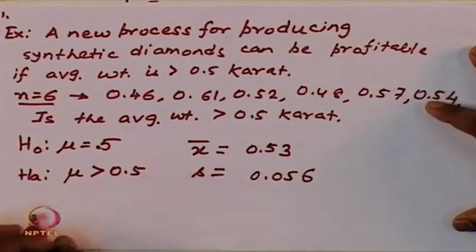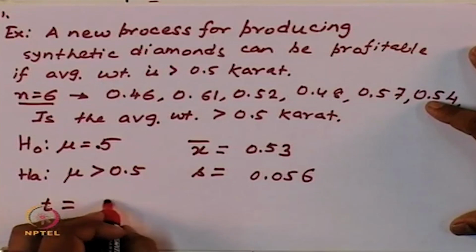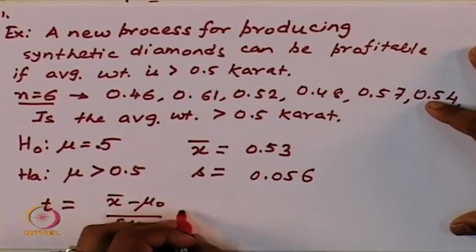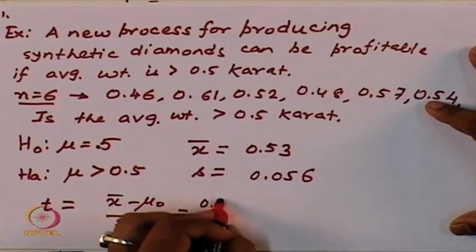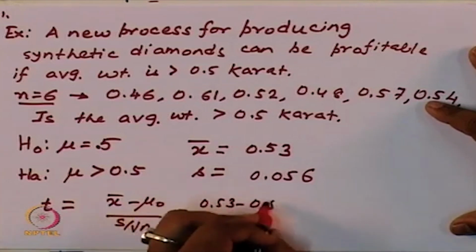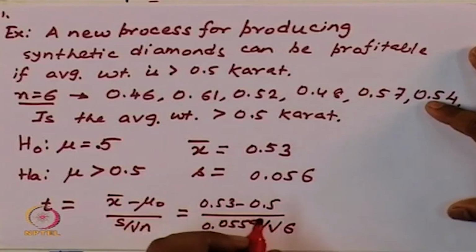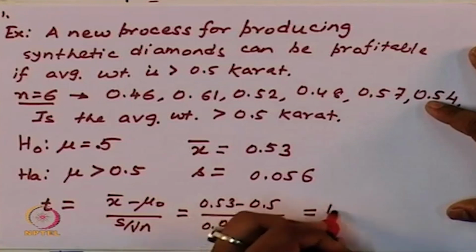With these, I can calculate the t statistic, which is x bar minus mu naught divided by s by root n: 0.53 minus 0.5 divided by 0.056 over root 6, and I get a value of 1.32.